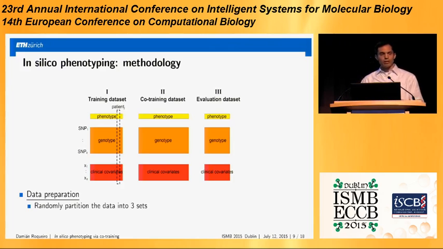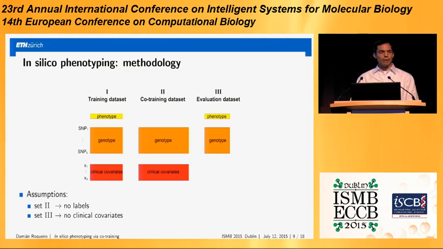A patient will be randomly assigned to each of these sets. Now, there's an assumption that we made to illustrate how the co-training method works: we assume that the co-training dataset will not have disease phenotype information. There are no labels. Similarly, in the evaluation dataset, there are no clinical covariates.